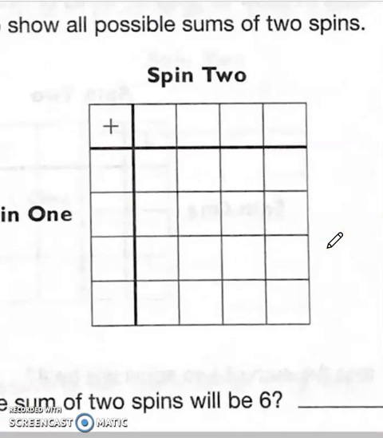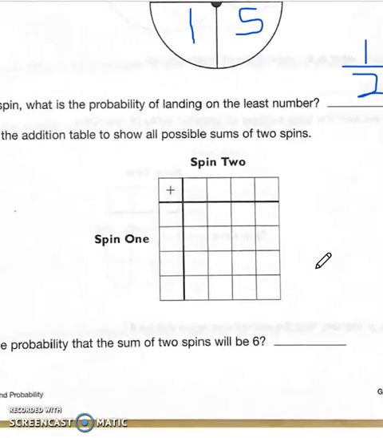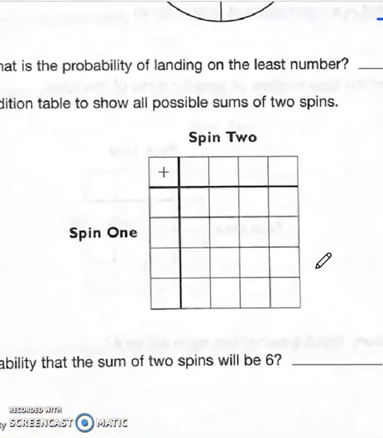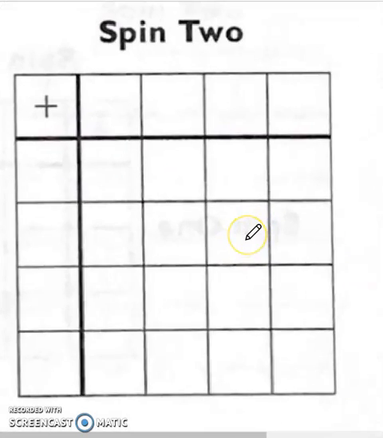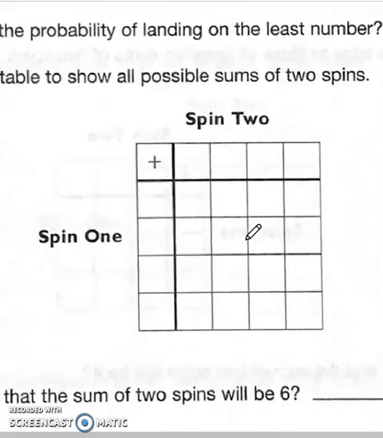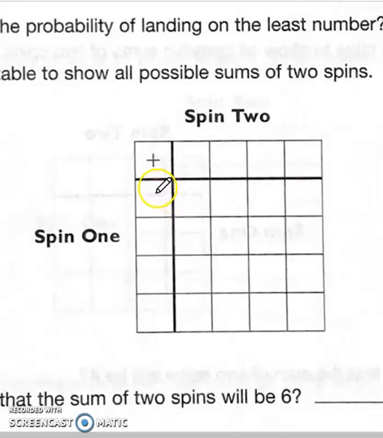Now at the bottom, it says you're going to complete the addition table to show all possible sums of 2 spins. So spin 1 and spin 2, what's on my table? I have 2 ones, a 3, and a 5, right?